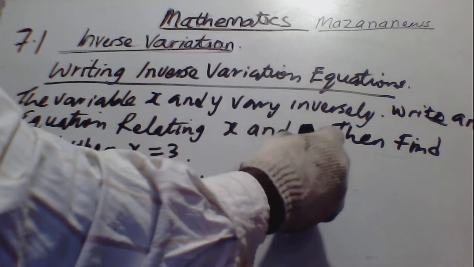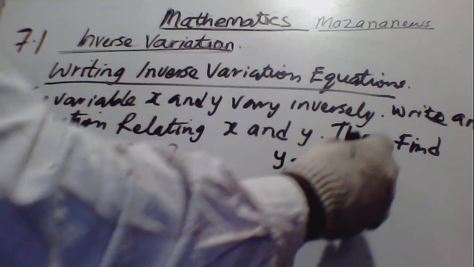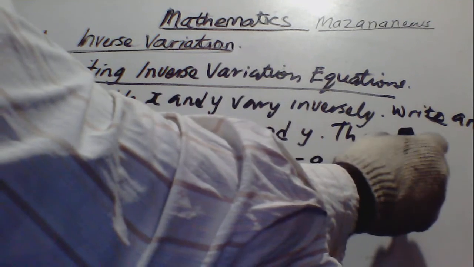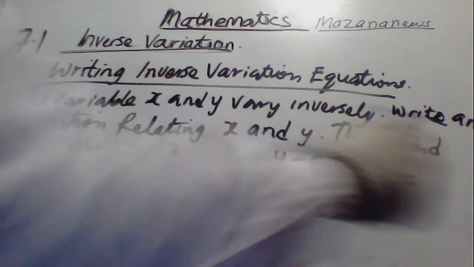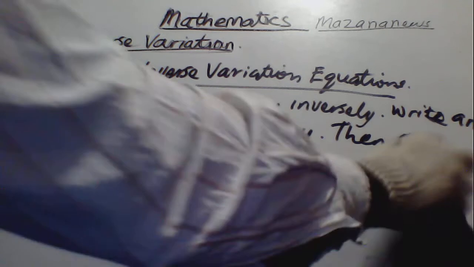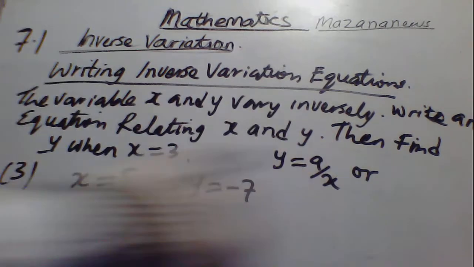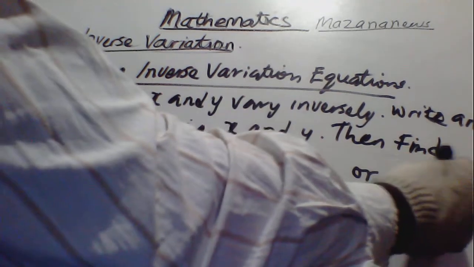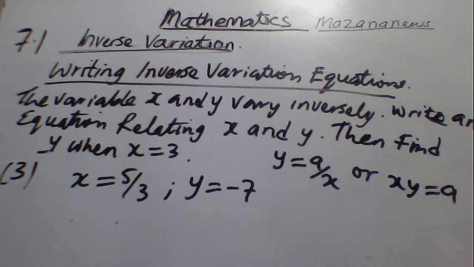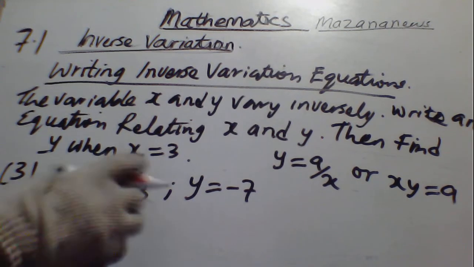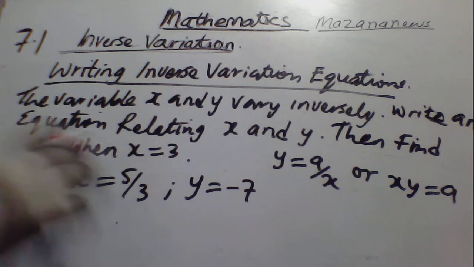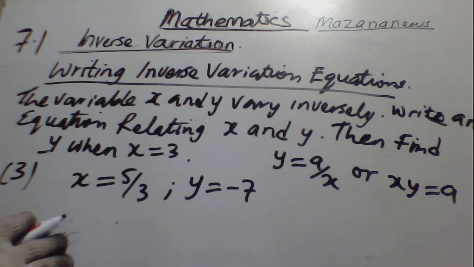So y is equals to what? a over x, or xy is equals to a. Knowing these two relations, we can find the relationship between x and y.